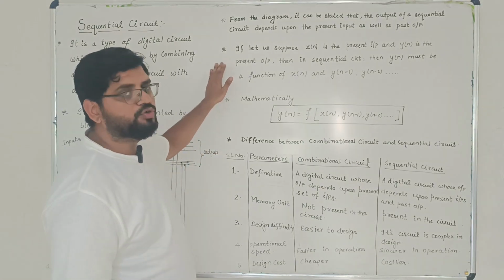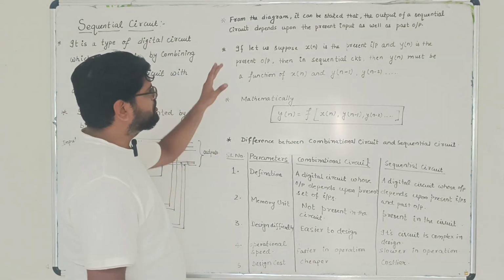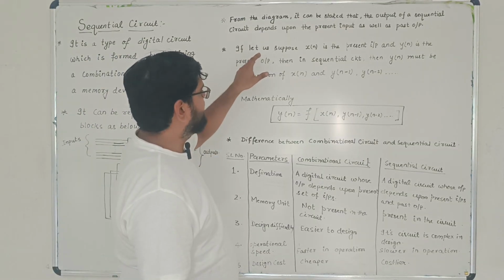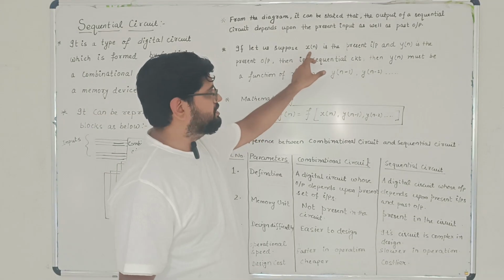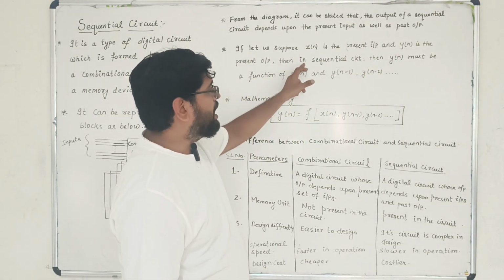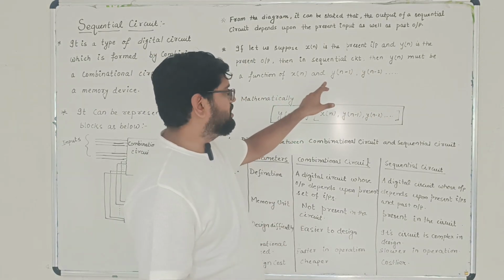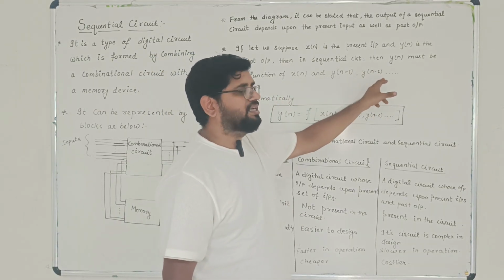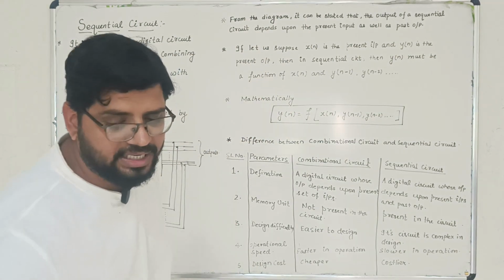Now if we have to represent a sequential circuit mathematically, suppose xn is the present input and yn is the present output. Then yn must be a function of xn and the past outputs, that is yn minus 1, yn minus 2 and so on. I have represented it in mathematical format.